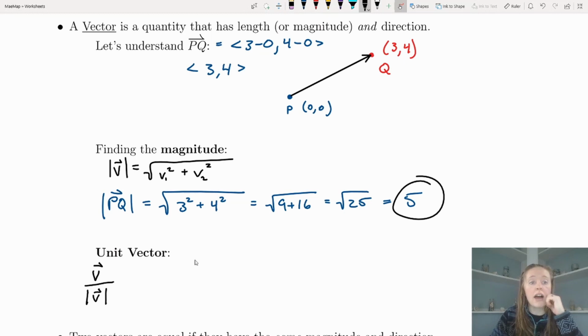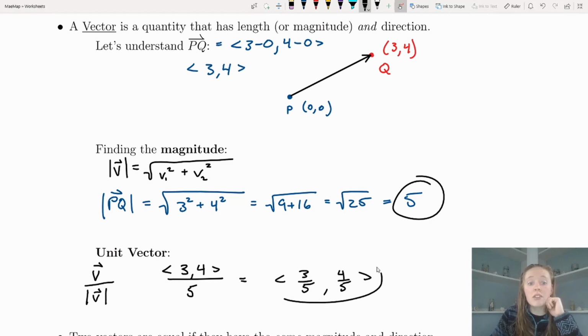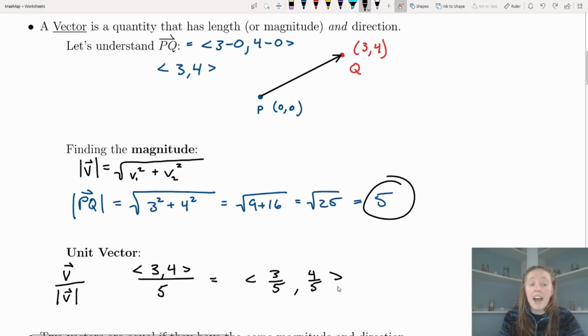So if we take our vector PQ, which was <3, 4>, and if we divide that by the magnitude of PQ, which we got to be 5, then we have <3/5, 4/5>. This is a unit vector, and you can see that if we took the magnitude of our unit vector, we will indeed get 1.